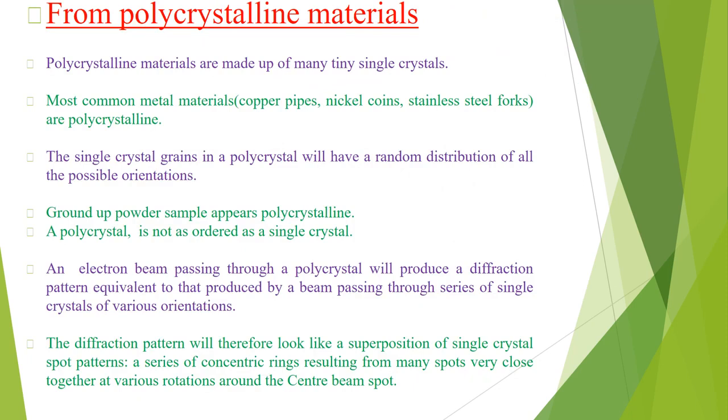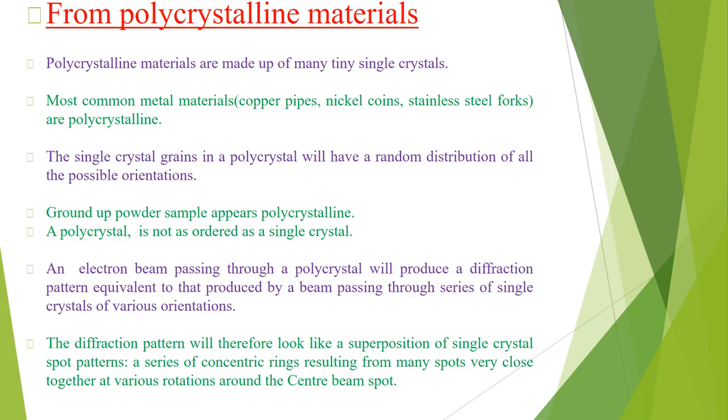A polycrystalline material is made up of many tiny single crystals. Most common metal materials, copper pipes, nickel coins, stainless steel forks, are polycrystalline.